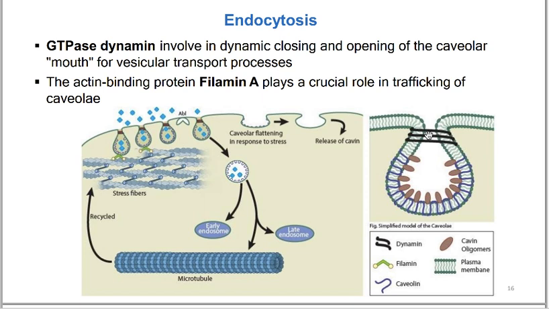And the actin binding protein filamin A plays a very crucial role in trafficking the caveole. This is the actin binding protein filamin, and this is the caveole. It will help them to travel.